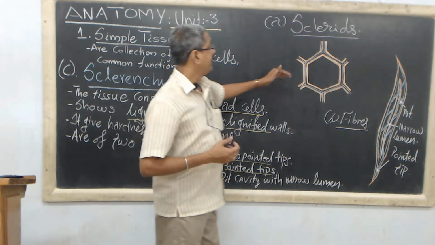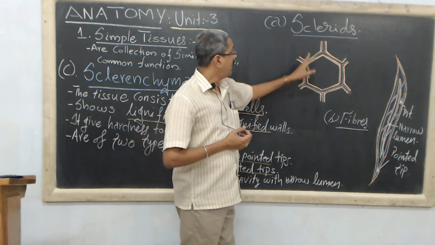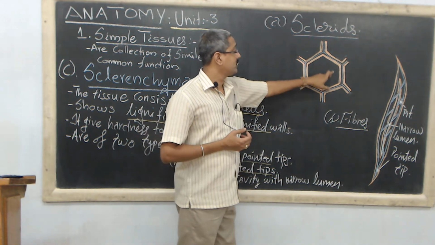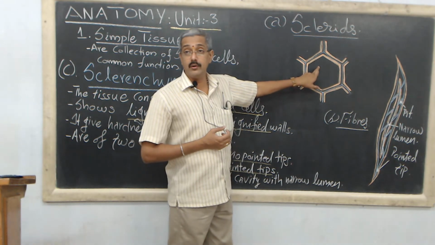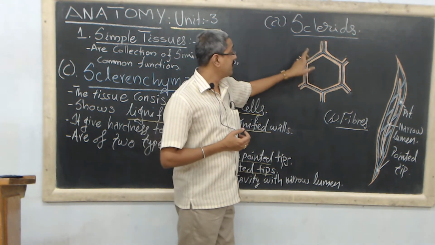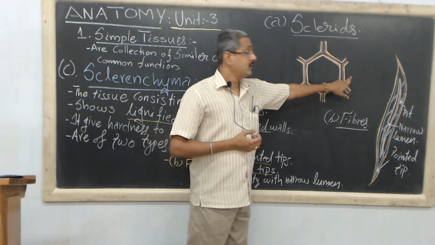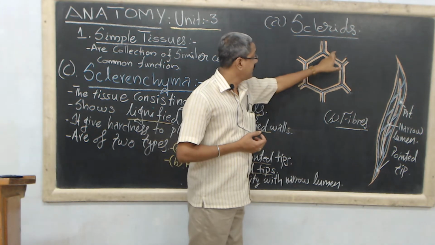In sclerids, all the inner walls of the cell become thick walled. Here you can see neighboring cells, which are also sclerenchyma, so you can see the inner and outer wall.